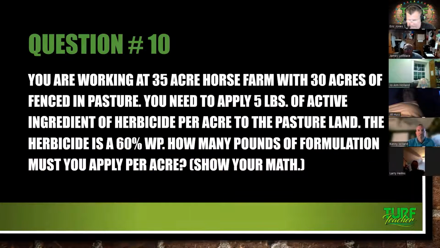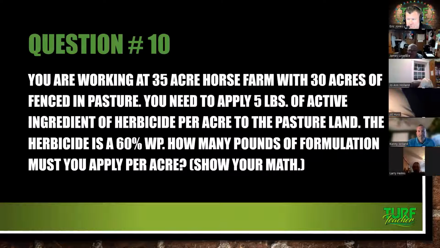All right, now we have a wettable powder. You are working at a 35-acre horse farm with 30 acres of fenced-in pasture. You need to apply 5 pounds of active ingredient of herbicide per acre to the pasture land.